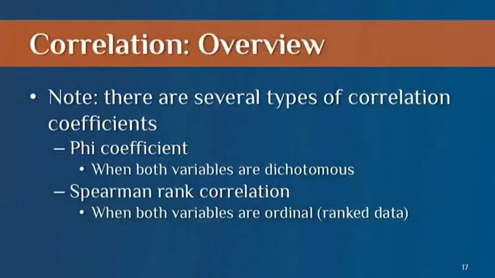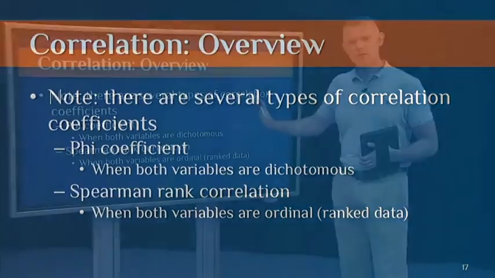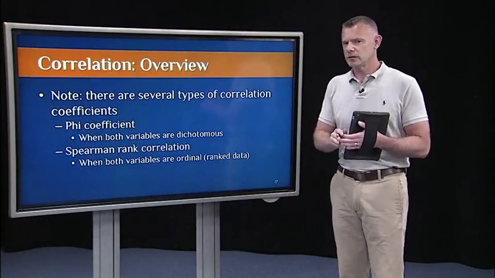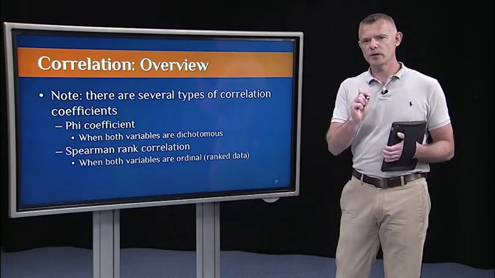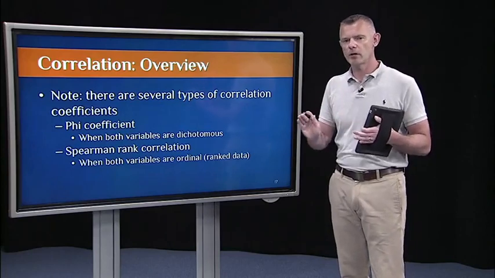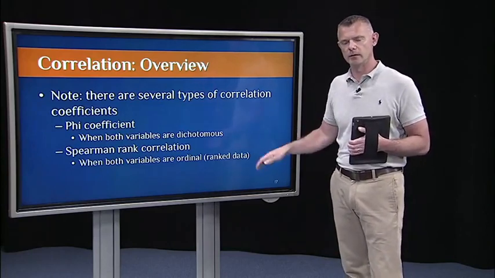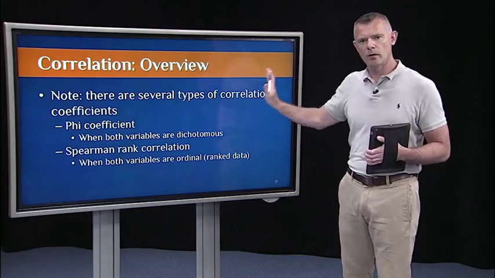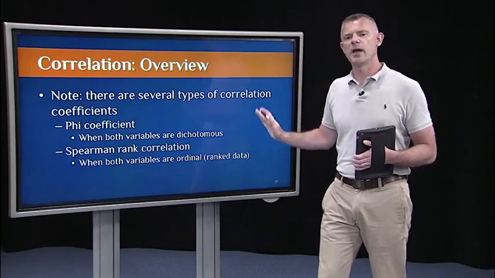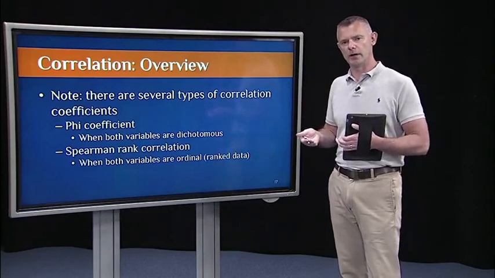And if we have both x and y as ranked or ordinal variables, then we can calculate what's called the Spearman rank order correlation. I'm just listing these here so that you're aware of them. For now, since this is just an intro stats course, we're going to focus on just the Pearson product moment correlation, little r. It's by far the most common one that you'll encounter. But just remember, and for your own knowledge, know that there are other types, and it depends on what kinds of variables you're looking at.